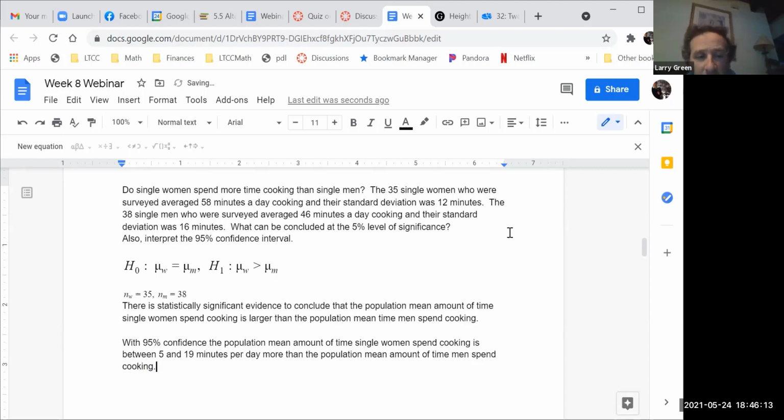Any questions on this idea and how you can run a hypothesis test and also how you can create a confidence interval? Any questions?